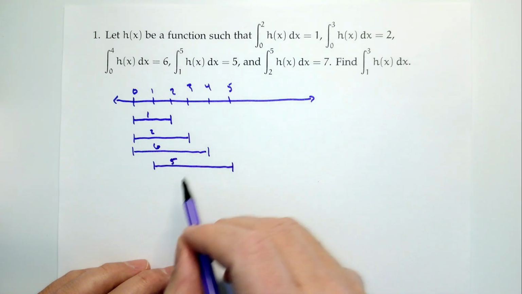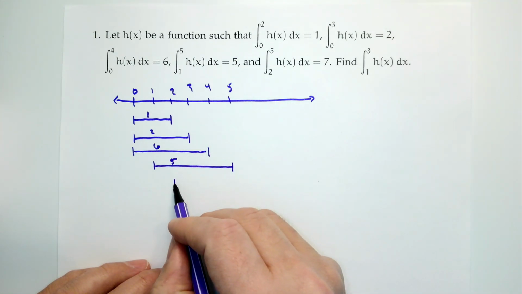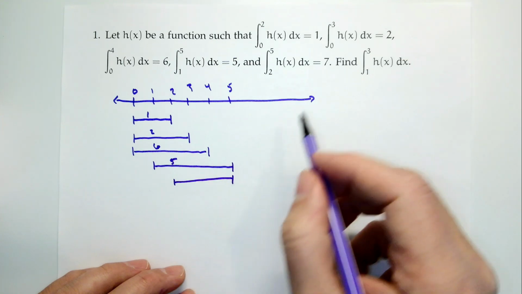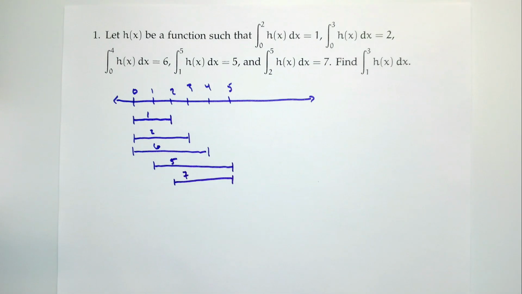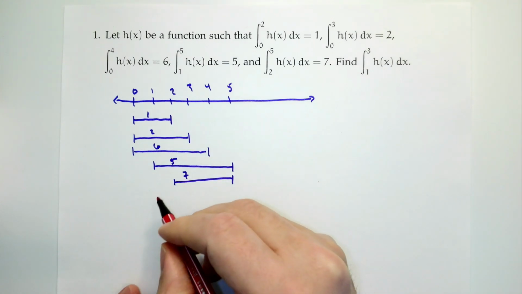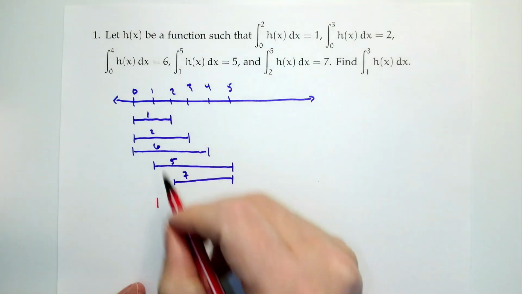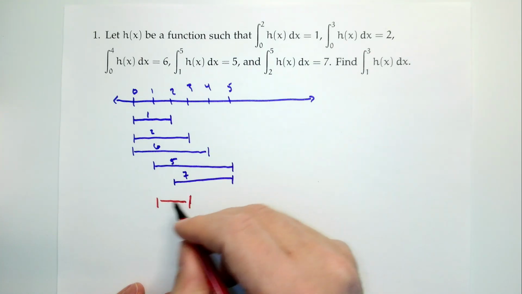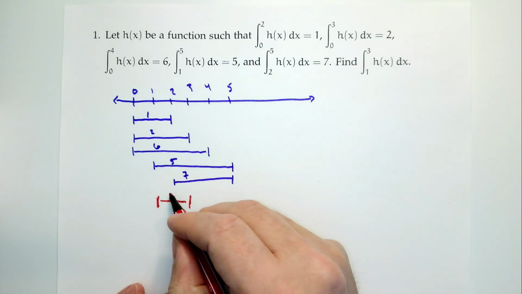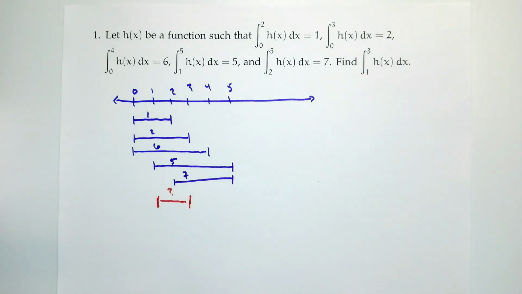And 2 up to 5, that's worth 7. So that's what we know. Now, the question is, what are we after? Well, we're after from 1 up to 3. So that's our unknown.